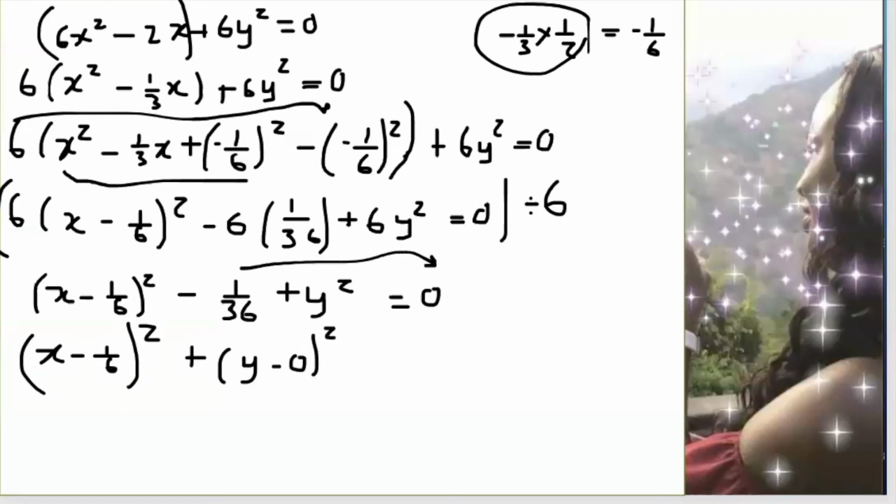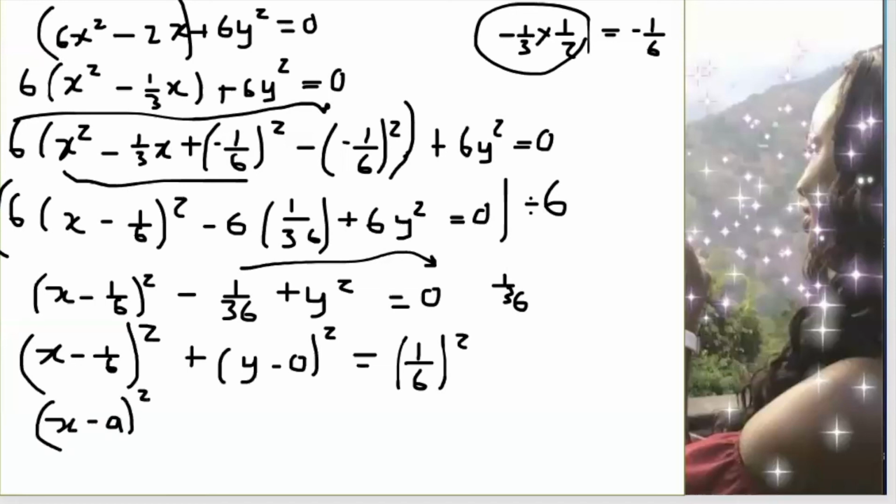And carrying over the minus 1 over 36, it becomes positive 1 over 36, which is the same thing as 1 over 6 all square. So remember, the square root of 36 is 6. So that's why it's the same thing as 1 over 6 all square.